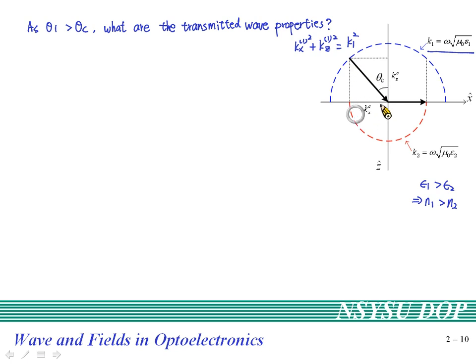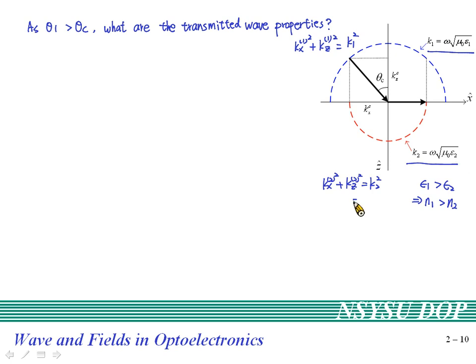And all the k vectors in material 2 also have the same magnitude. We will have the square of kx2 plus the square of kz2 equal to k2 squared, where k2 is ω times the square root of μ0 ε2.